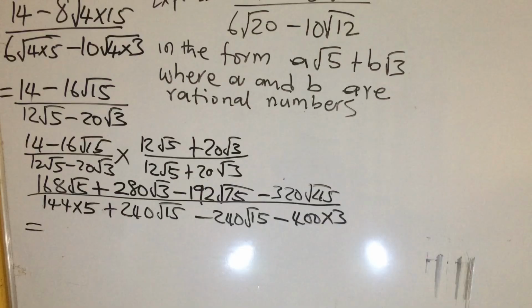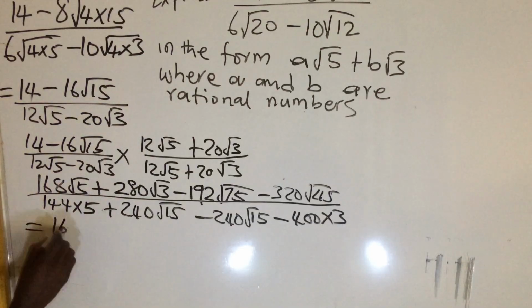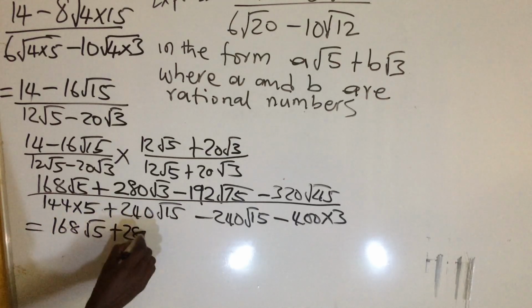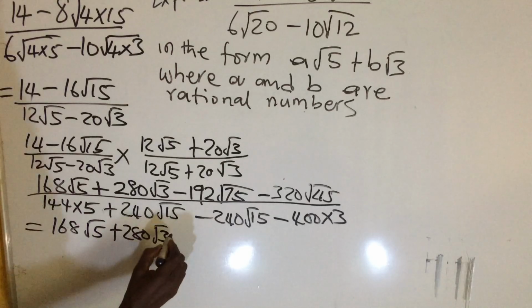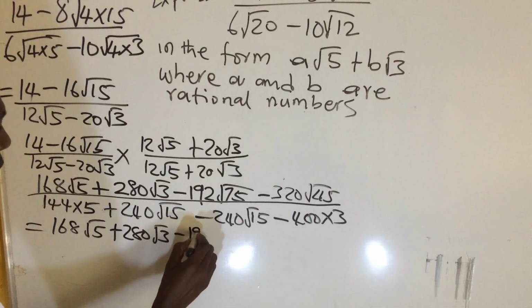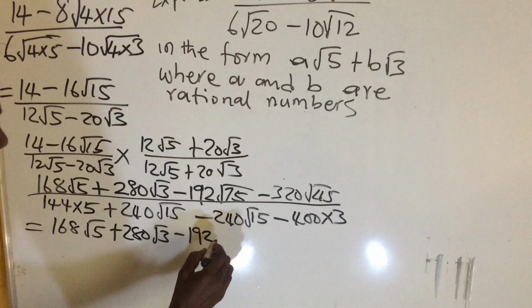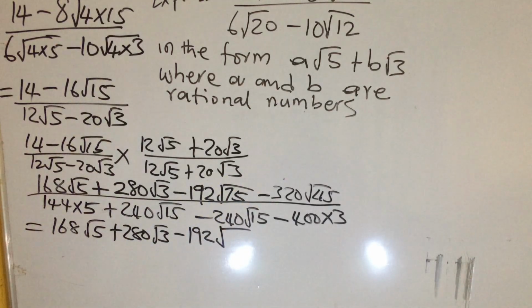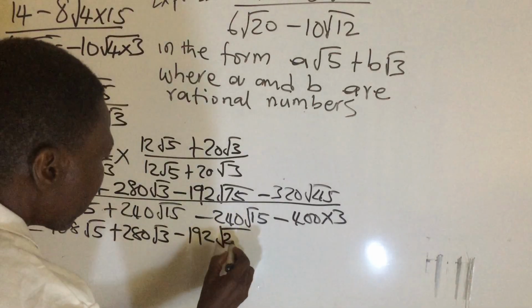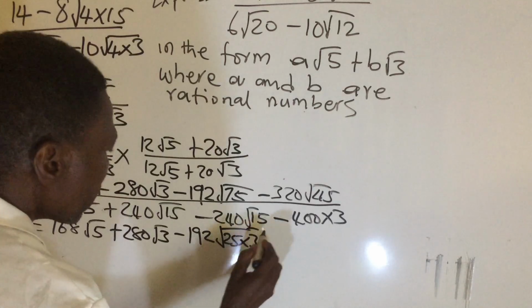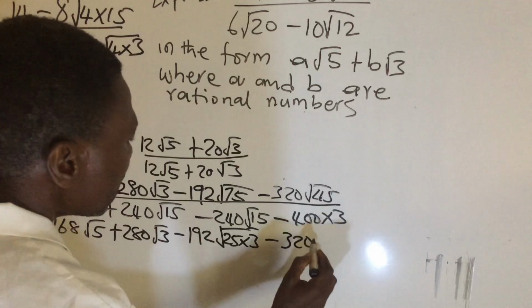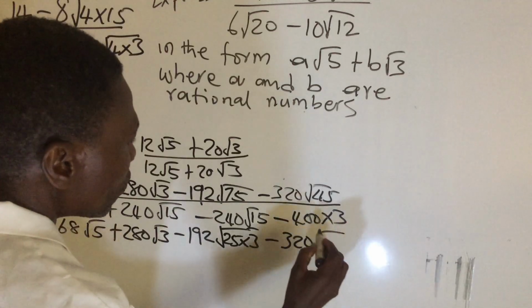Okay. Simplify the upper one. 168 root 5 plus 280 root 3 minus 192. We will now simplify this root 75. What will it give us? It will give us 25 times 3, which still gives us 75, minus 320 root.